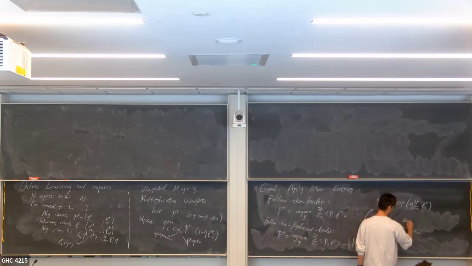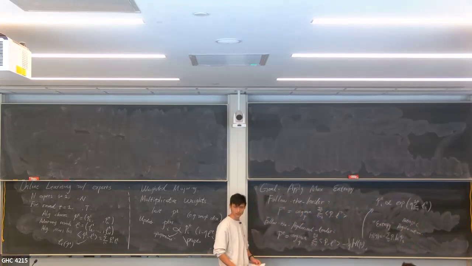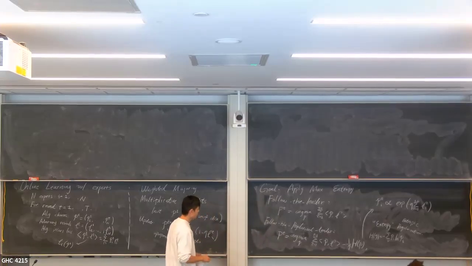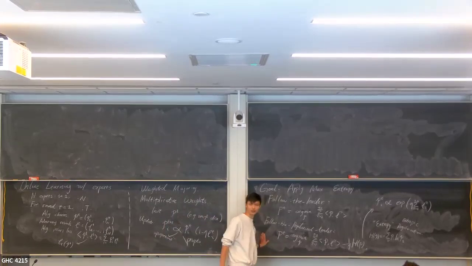The thing, when used as an adjective, is called entropic. Okay, so let's understand how this algorithm works.